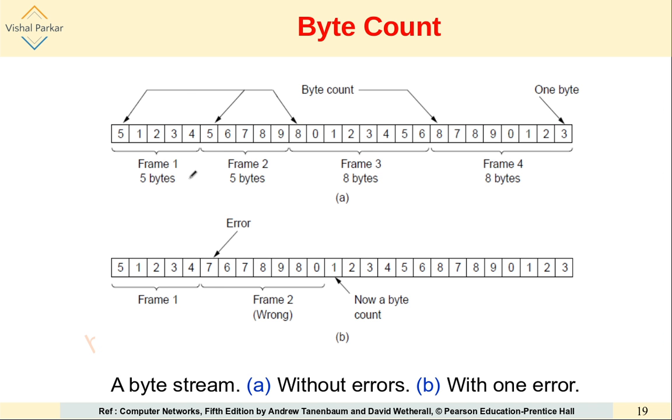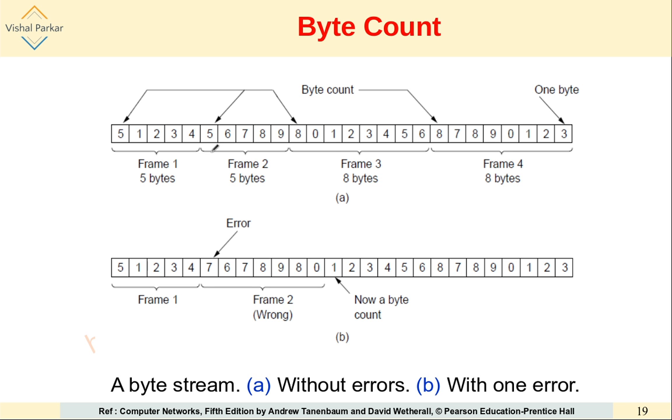So this is the example. Part A of the figure shows the different frames which are sent by the sender, and in figure B you see the frames which are received at the receiver. So let us see.